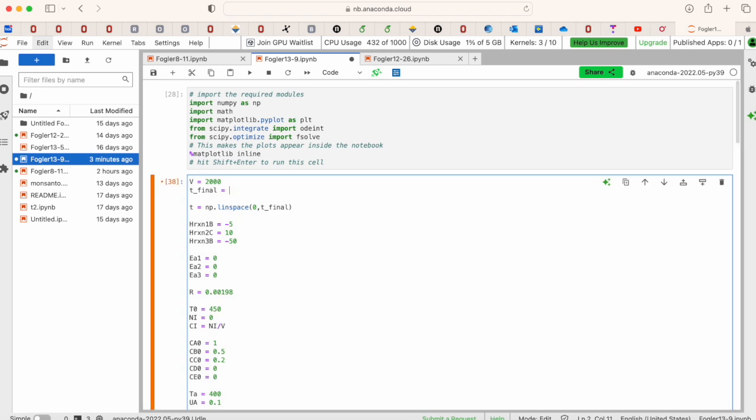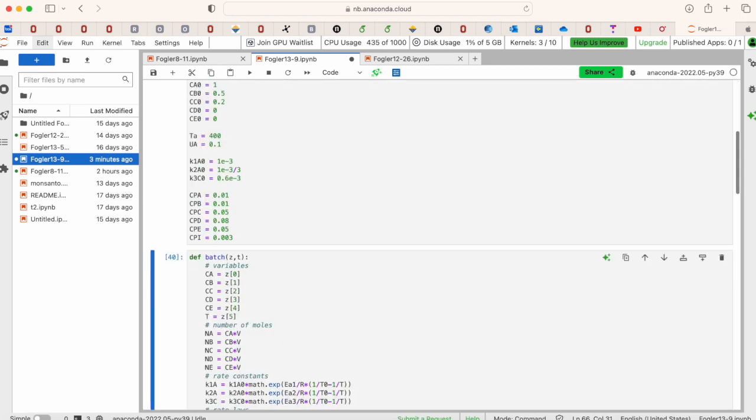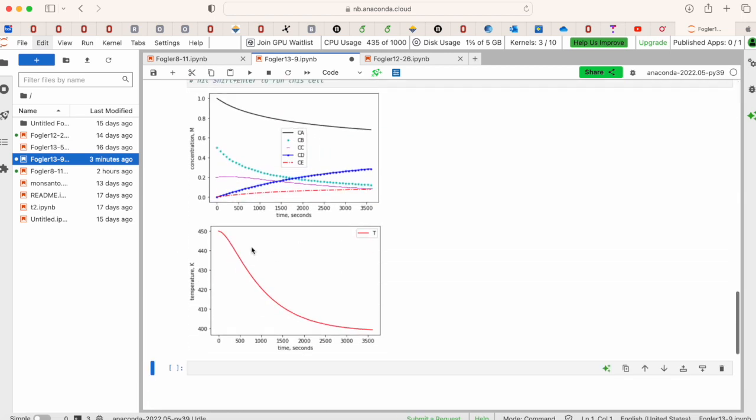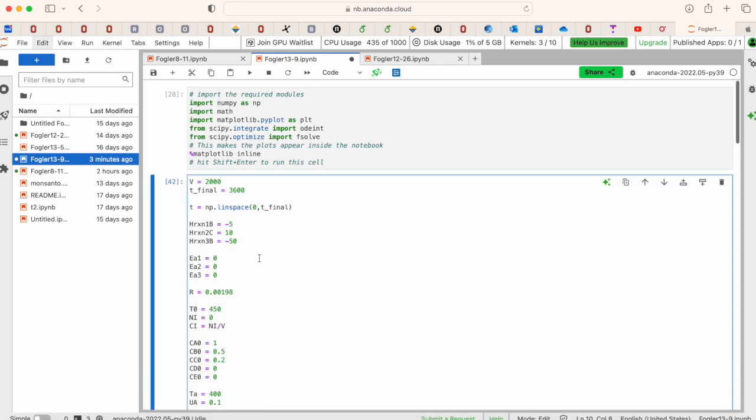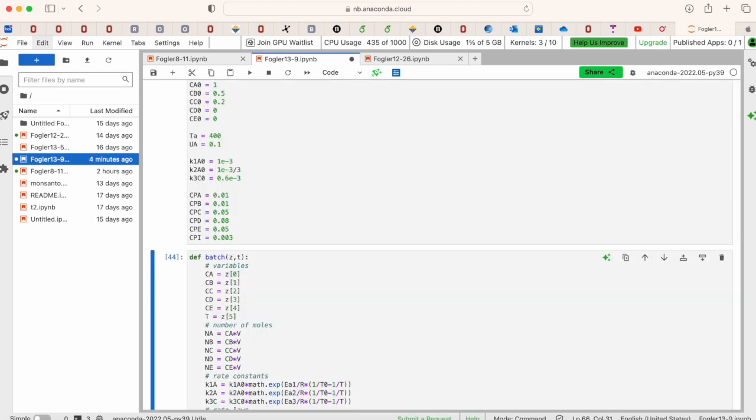Now we were supposed to carry this out for an hour. If we do that, we can see the system temperature is becoming equal to that of the cooling fluid temperature over the course of the reaction. We can also see what happens if we add in activation energies for the different species.